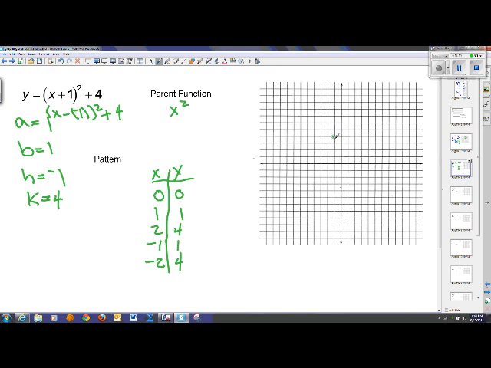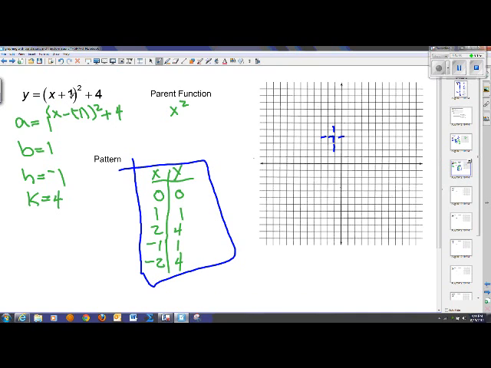This is going to act once again like my new origin. So I'm going to set up a fictional set of axes at that point. And from that point, I am going to graph this pattern for the x squared, because I know nothing's been multiplied to this.